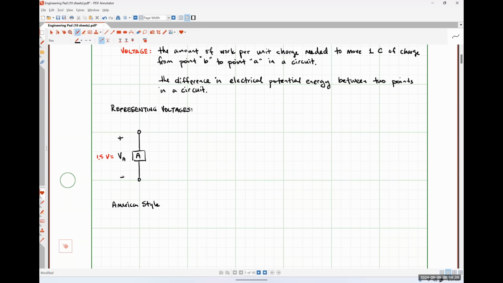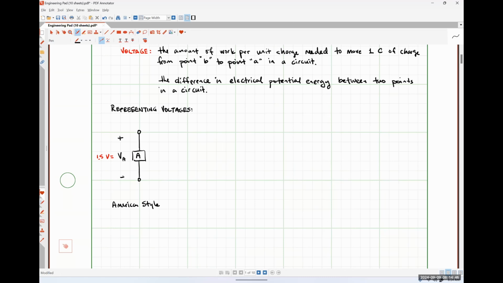Resistors, capacitors, and inductors don't typically have a marking because they can operate independent of polarity, and the positive polarity is just whichever side happens to be at a higher electrical potential energy at any given time. We'll unpack that more in a little bit.